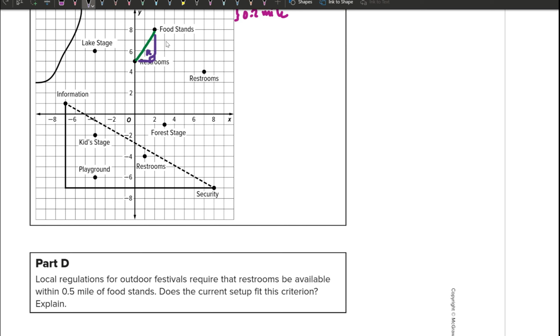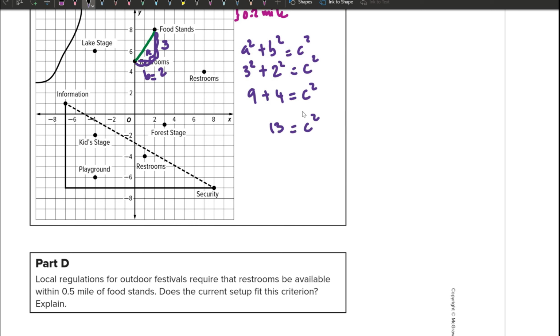So your A will be 3 units, and your B will be 2 units. A squared plus B squared equals C squared. So 3 squared plus 2 squared equals C squared, which is the distance that we try to solve for. 9 plus 4 equals C squared. That will be 13 equals C squared.